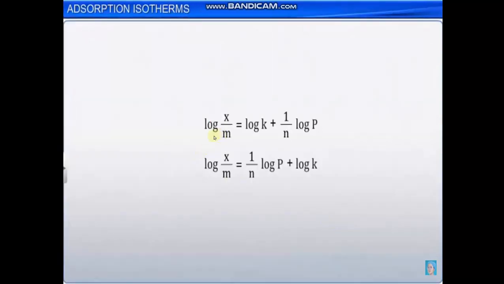Taking logarithm in the equation, we get log X upon M is equal to log K plus 1 by n log P. Or we can also write log X upon M is equal to 1 by n log P plus log K. This is just like y is equal to mx plus c.